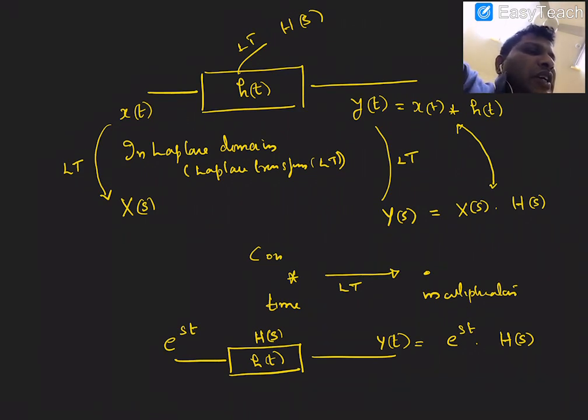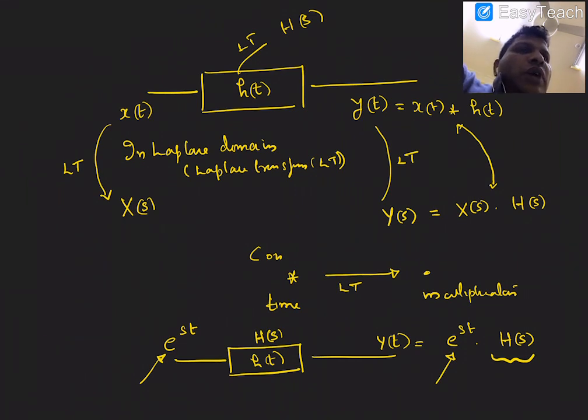You can see here that my input is e power st, and my output also contains e power st. That means that function got unchanged. So eigenfunctions are the functions which are not subjected to any change. Only they are scaled by some factor h of s. So this kind of functions are eigenfunctions.